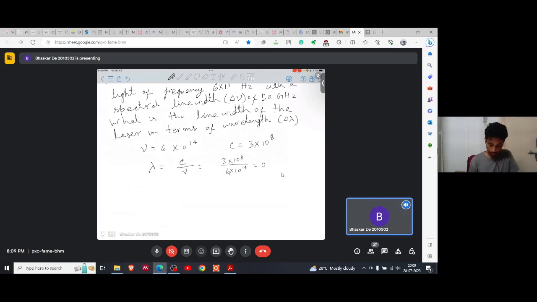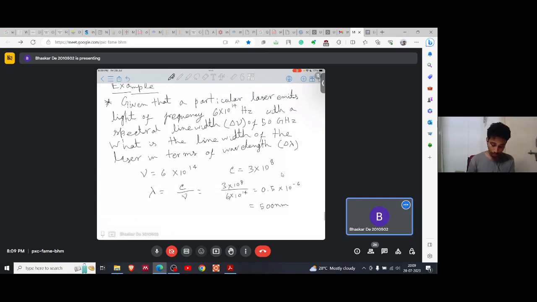So basically it is 0.5 into 10 to the power minus 6. Sorry, 500 nanometer. So this is a laser of 500 nanometer.